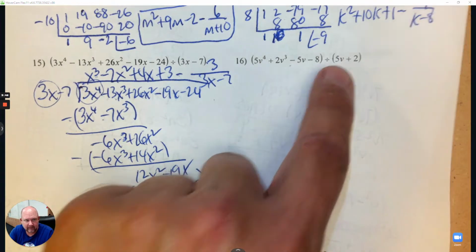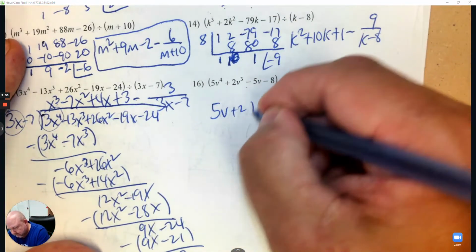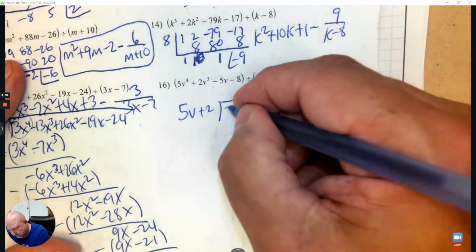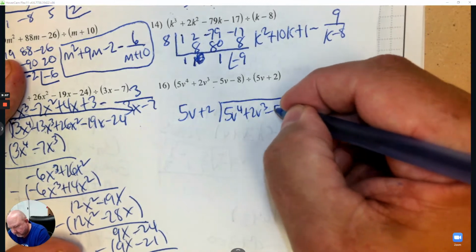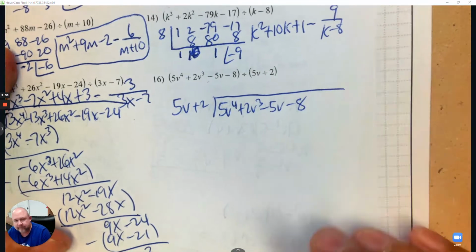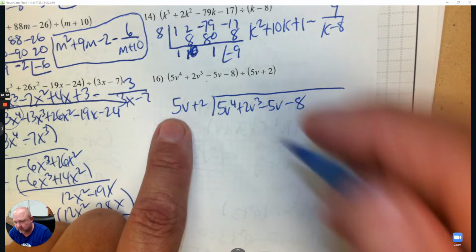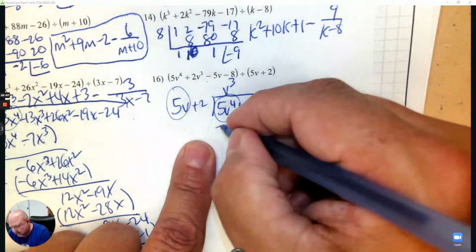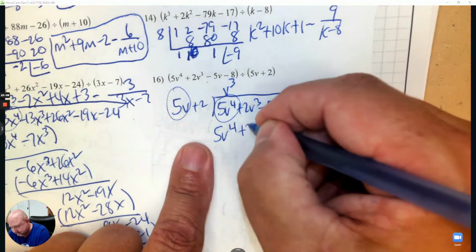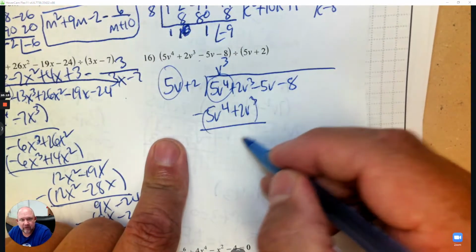All right, one more. Long division. Write it out. You might have to put a 0 there, but let's see what happens. So divide the power terms, and you get 1v to the 3, and then you multiply. And what happens here is when you subtract, you have no remainder.